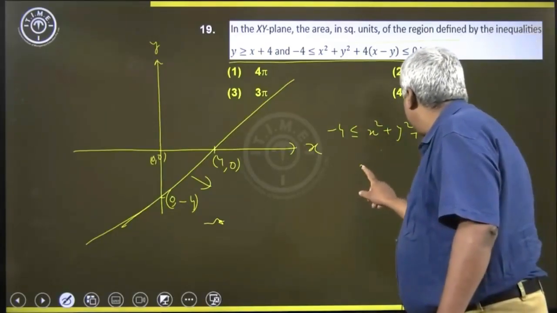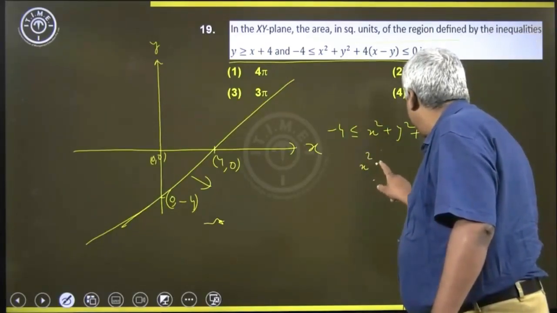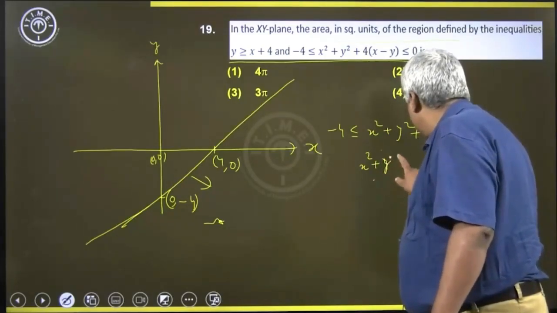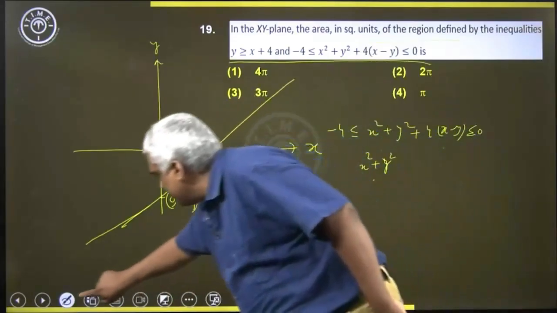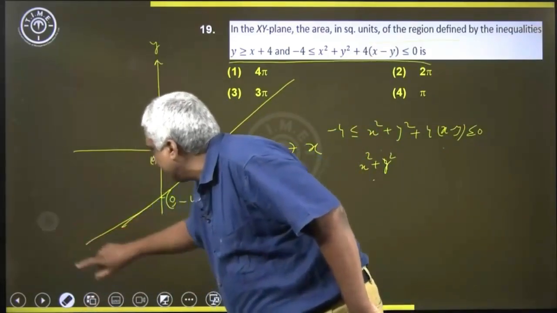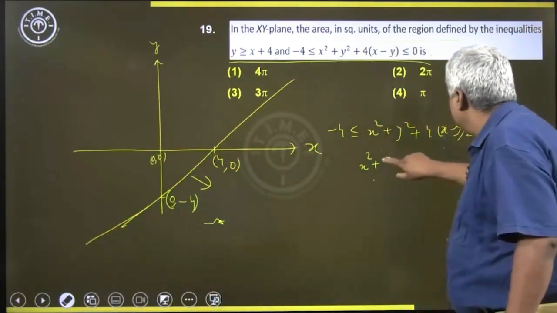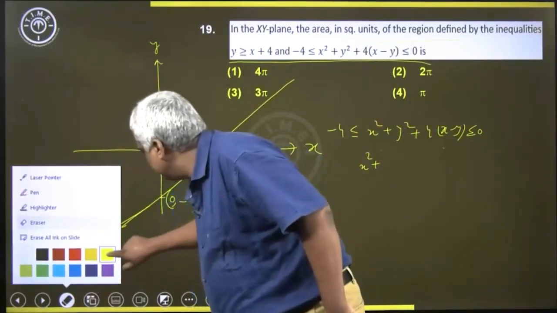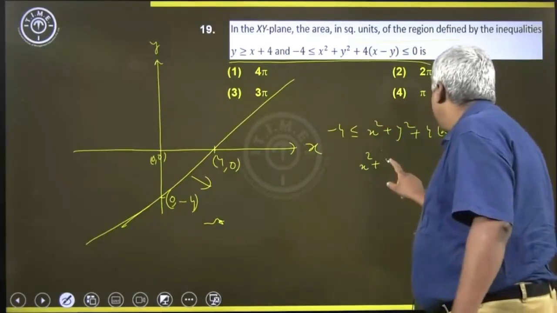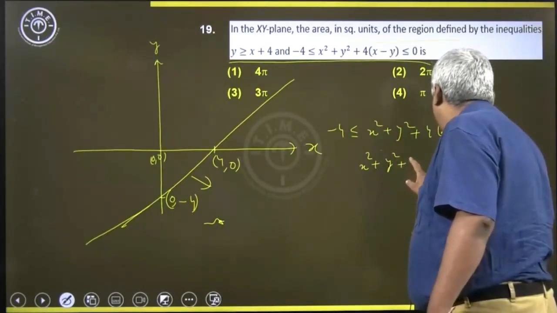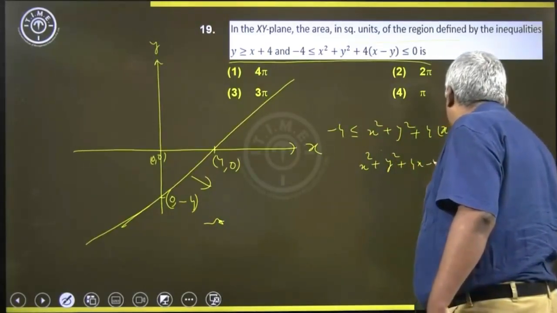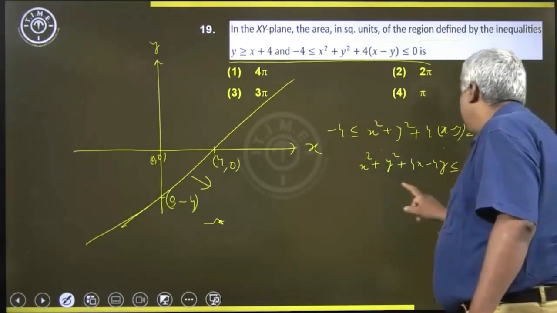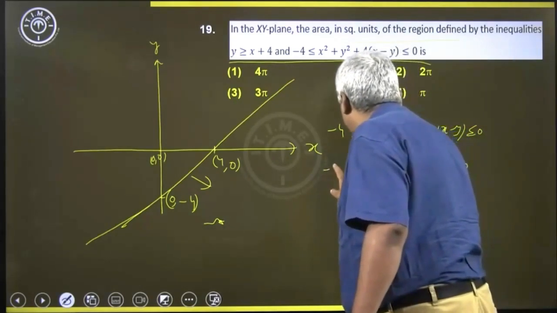It will be x square plus y square plus 4x minus 4y less than or equal to 0 and more than or equal to minus 4, right.